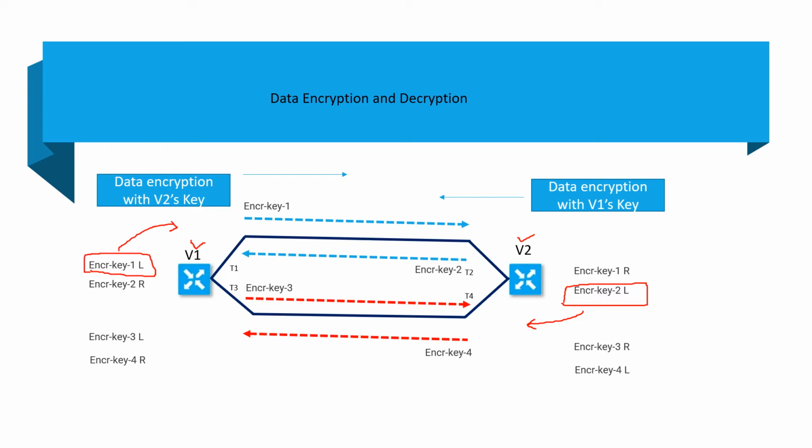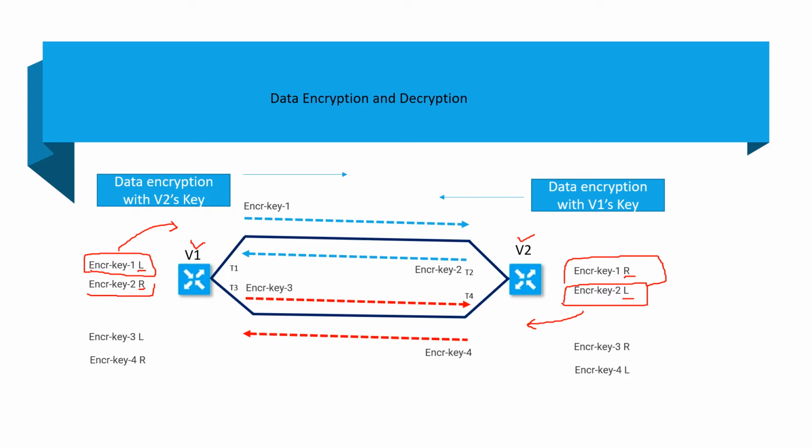At last, both of these peers will have keys. So I can see this is my key 2, which becomes remote here. R means remote, L means local. Similarly, on the remote end, key 1, which is coming from V1, becomes remote, and key 2 is the locally generated one.